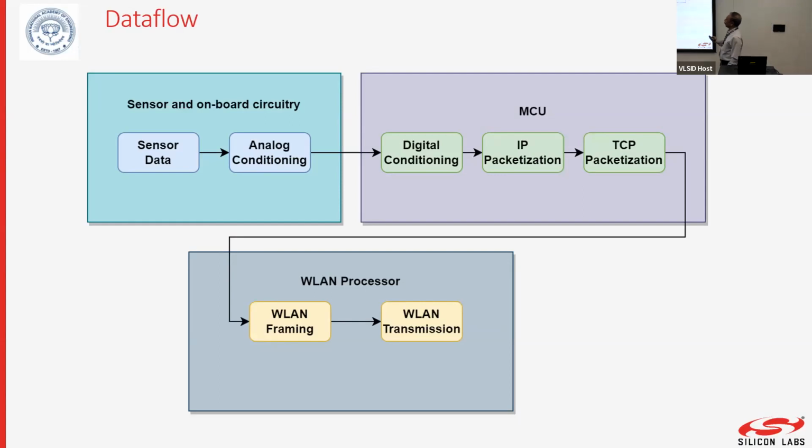Then the MCU has to put it in IP form, put it in TCP form, then send it to the wireless processor, in this case the Wi-Fi processor, where you again do Wi-Fi framing and then do Wi-Fi transmission. Now, all of these steps take energy. And the designers of IoT systems and semiconductors must look at each of them to reduce energy consumption, and many of them can be interrelated. We'll look at them in depth.